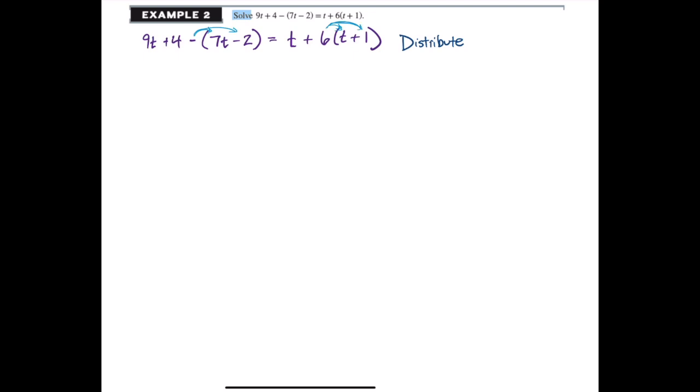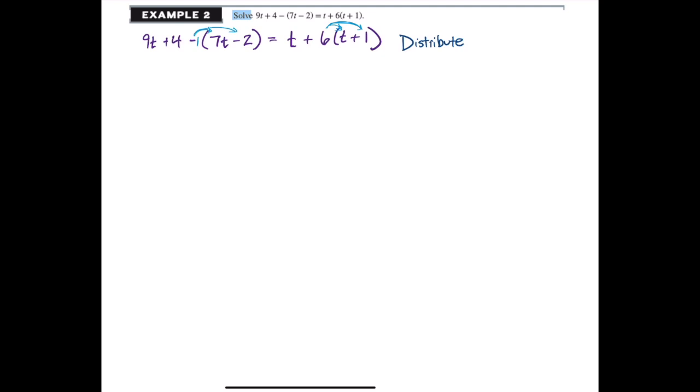So when there's a minus in front of a set of parentheses, think of it as like a negative 1 that's in front. So each item inside is going to be multiplied by negative 1, which will just flip the sign. If it's positive, it will become negative. If it's negative, it will become positive.